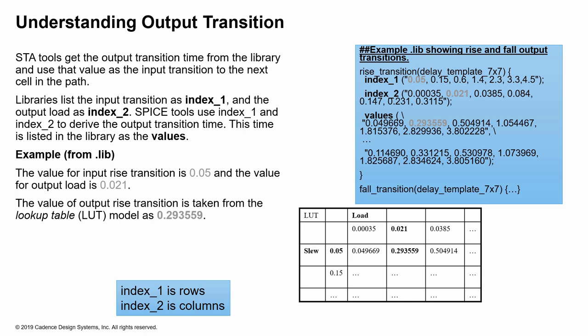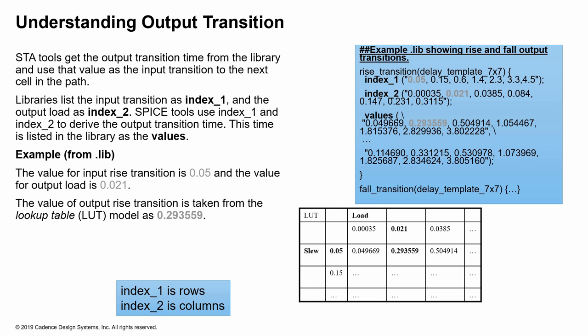Because delays of the next stage depend on the slew of the previous stage, or the input transition of the previous stage, we calculate the next stage transition and slews based on the previous stage using these lookup tables.